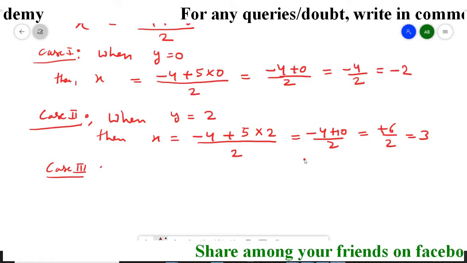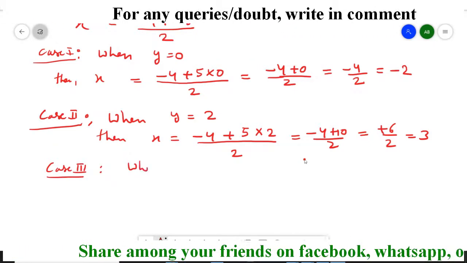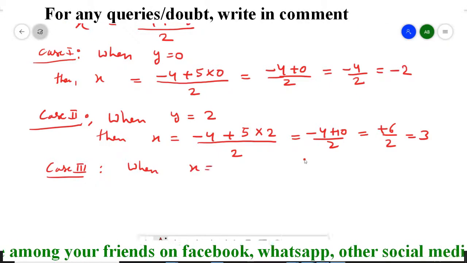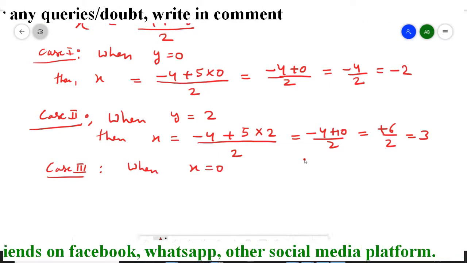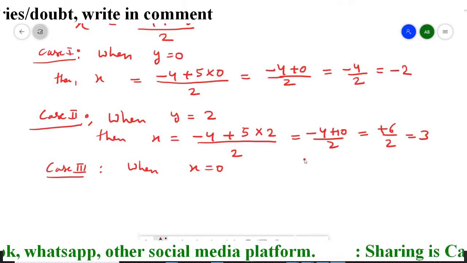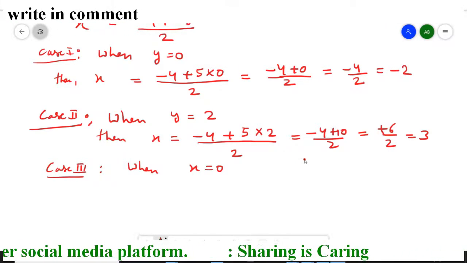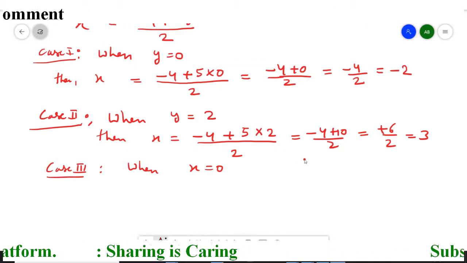Now for case third, this time I am purposefully going to assume x as 0, because we need the point where the line intersects the y-axis, and on the y-axis x is 0.